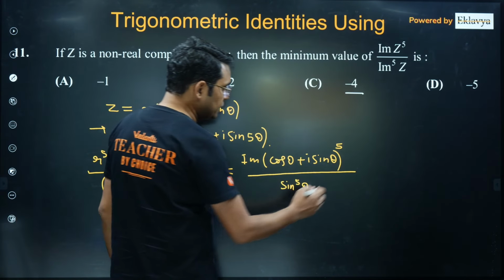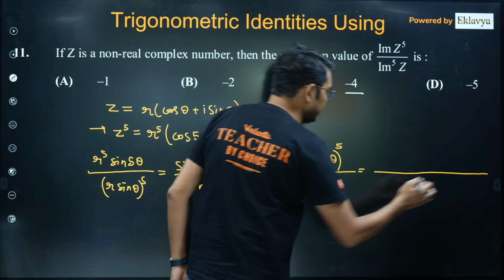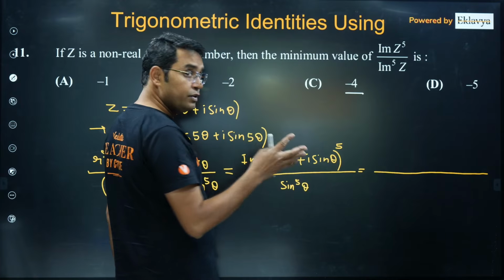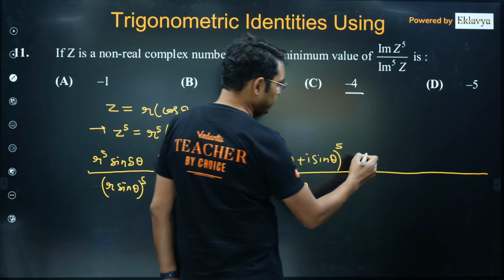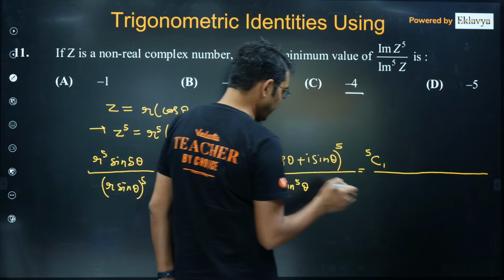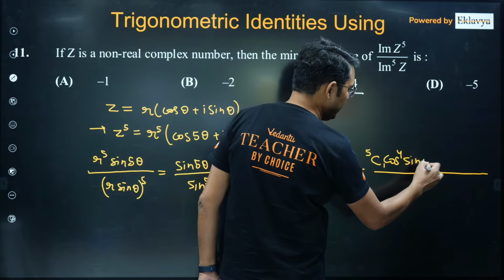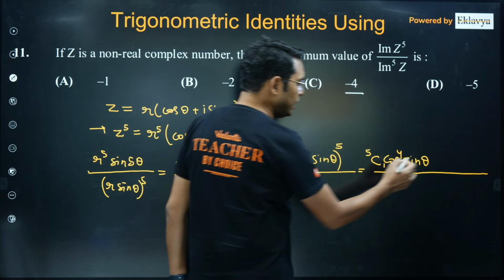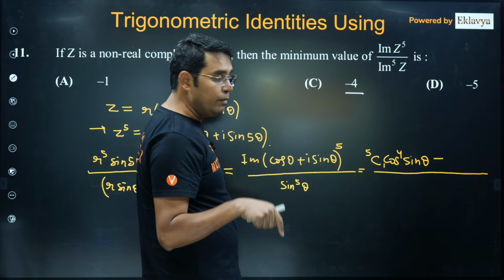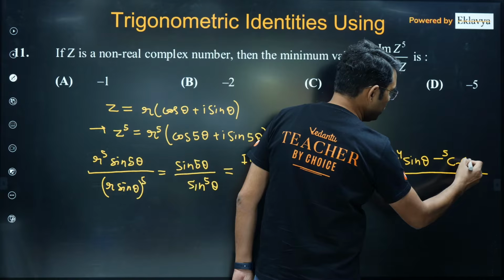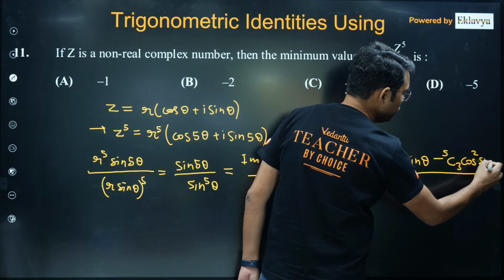So then you just have to focus on the imaginary part. The first term of the expansion with imaginary part would be 5C1, where cos power will be 4 and sin power will be 1. Then there will be a minus sign because iota cube will be there, so 5C3 and cos square and sin cube theta.